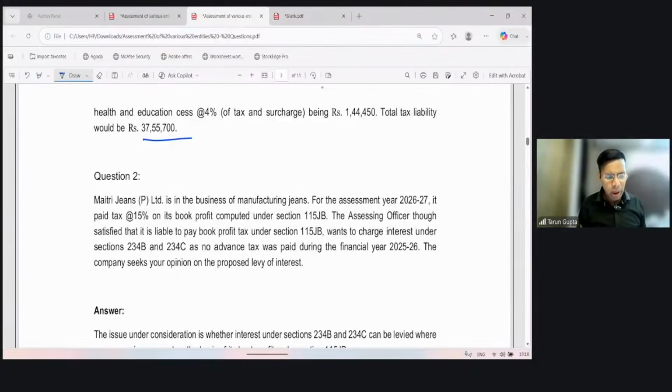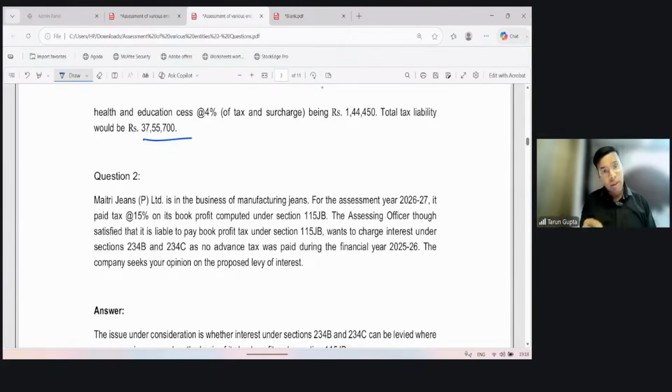Question 2 says, Mathri Jeans Private Limited is in the business of manufacturing jeans. Okay. For the assessment year 26-27, it paid tax at the rate of 15% on book profit computed under section 115JB. So for this year, the company is paying tax under the MAT because the MAT liability must be more than the normal liability. Okay.